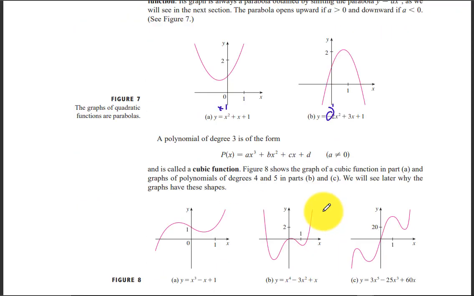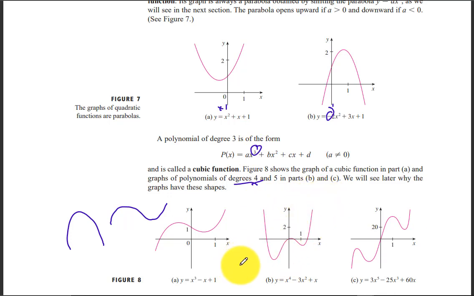Okay, this is a polynomial of degree 3. The highest power is 3. And those don't look like this. They can look like that. So they can come back up. So polynomials can look like that. And a 4th degree function would have the highest power 4. They can go up, that's right. They can do this, go down, and then go up.